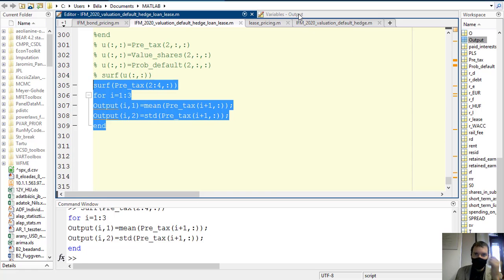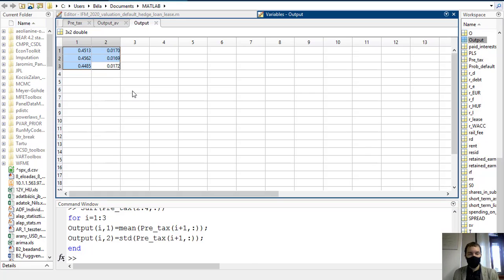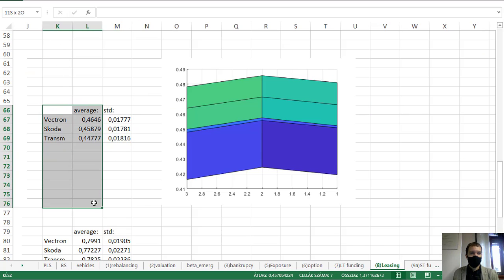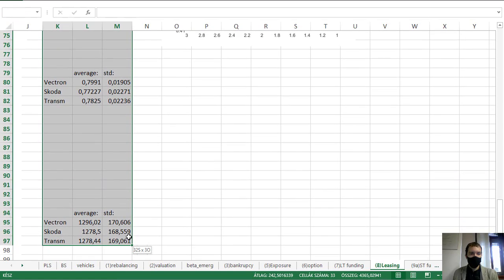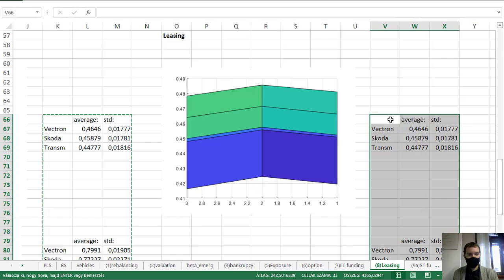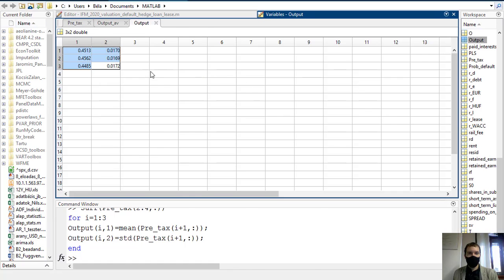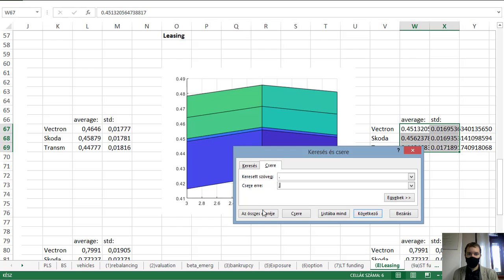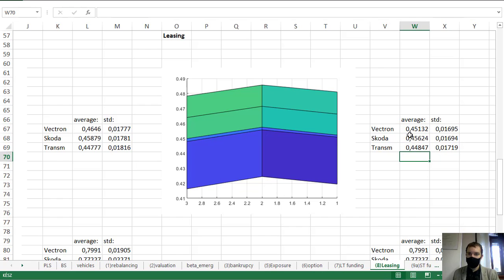Okay, let's see the output here. First of all, let's copy these things because it makes my work faster. So is it profitable?